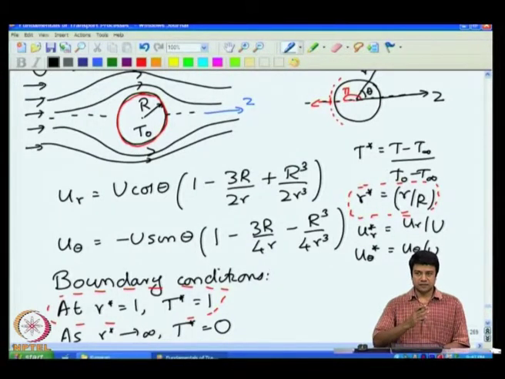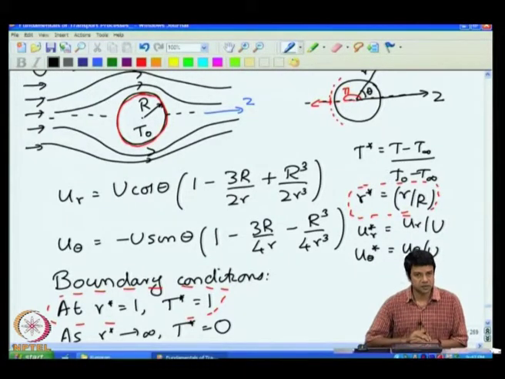That does not satisfy the boundary conditions at the surface of the sphere. Therefore, one has to postulate a boundary layer of thickness small compared to the radius at the surface.